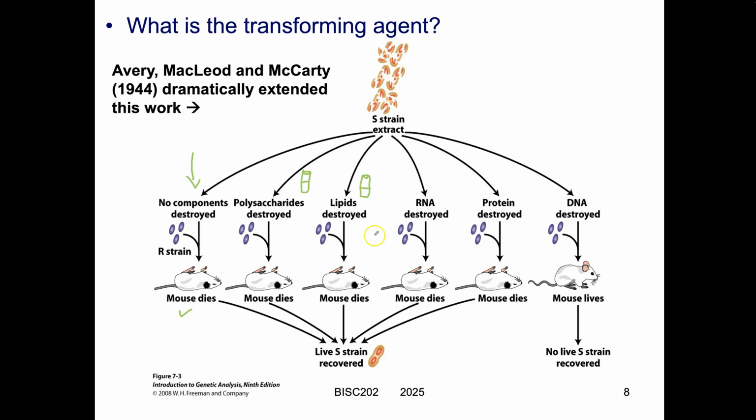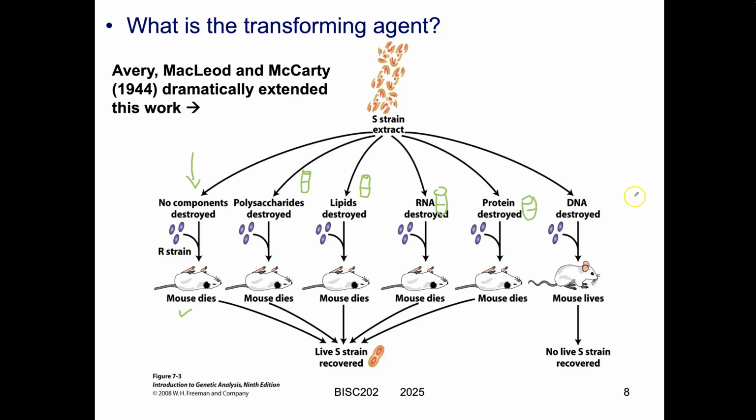And that doesn't work either. You can destroy RNA using RNase enzymes. These are ones that break RNA to pieces and dismantle it. That didn't fix the problem. You could also do the same with enzymes that destroy proteins, and that didn't do it.